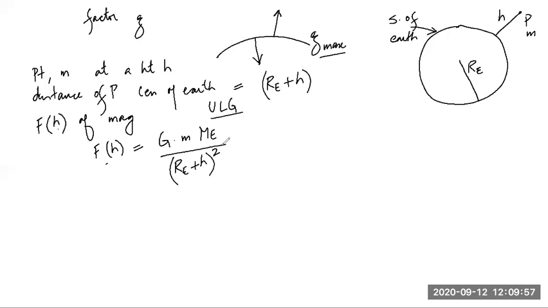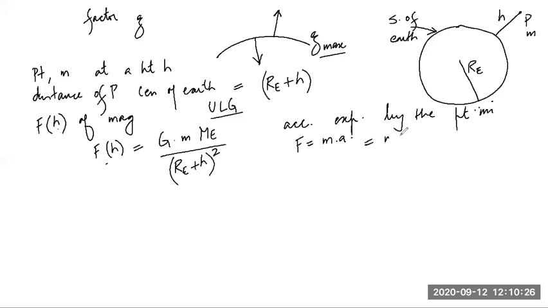Now the acceleration experienced by the point mass m would be, as per Newton's second law of motion, force is equal to mass into acceleration. Here acceleration is in terms of acceleration due to gravity.